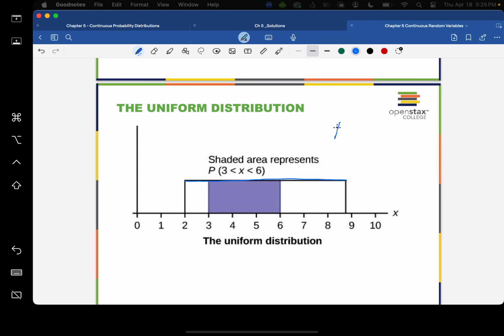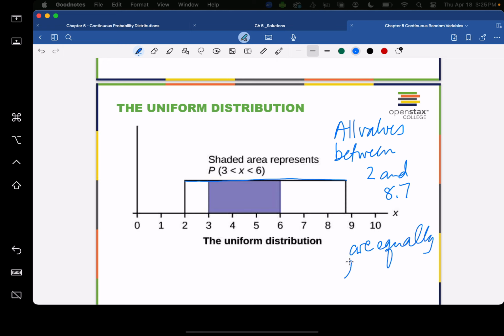In this case, all values between 2 and that looks like 8.7 are equally likely. So this probability distribution is totally flat. It's not like there's a more popular part or a more likely part and a less likely part. It's just the same all the way across.